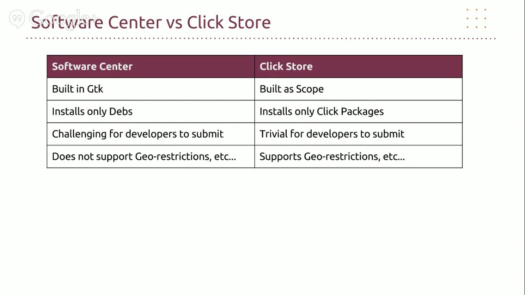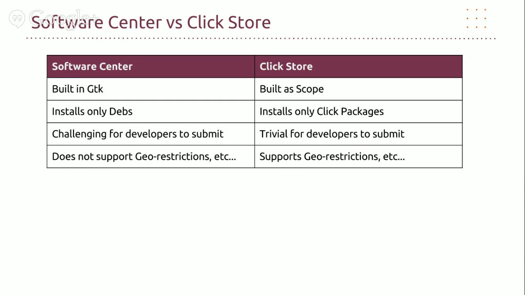You can also see these differences and bridges that we need to build in how you install software. On the traditional Unity 7-based desktop, we have the Software Center, whereas in Unity 8 and Mir, we have a click store. The click store is built as a scope as opposed to being a GTK application. The Software Center installs Debian packages on your system, whereas the click store only installs click packages.